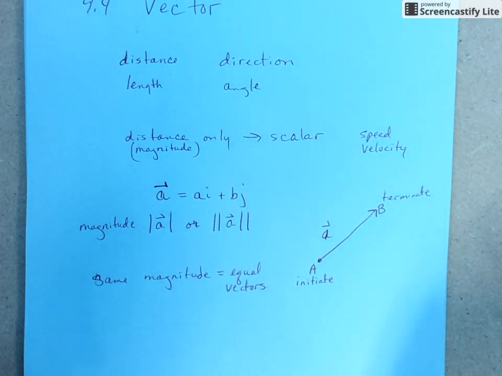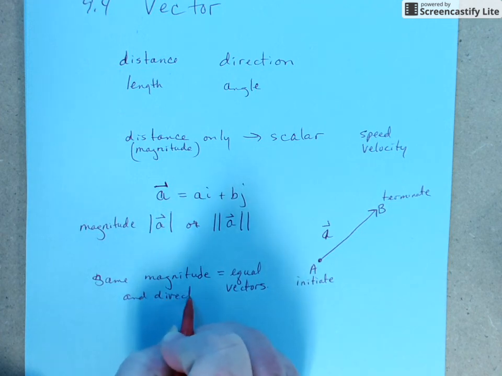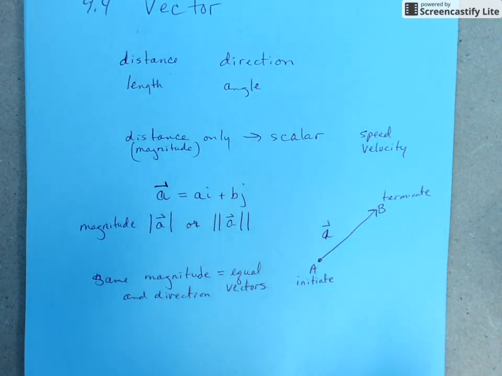I'm sorry, strike that. If they have the same magnitude and direction. In other words, if they have the same angle, they have the same distance, going the same direction, they're equal vectors. Okay?